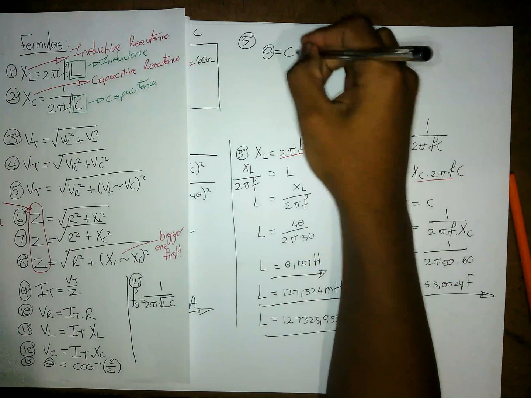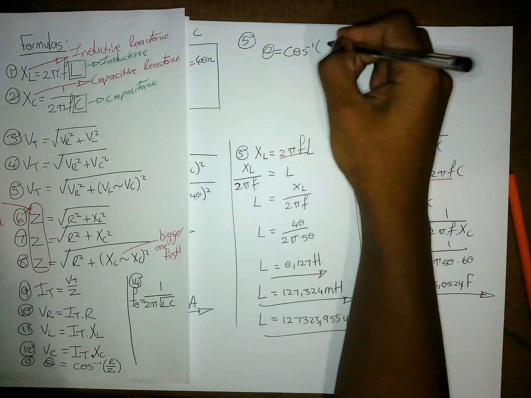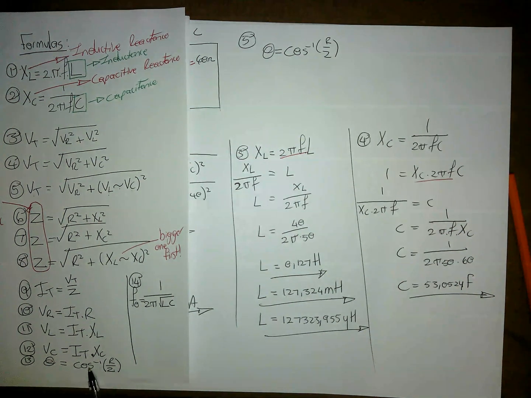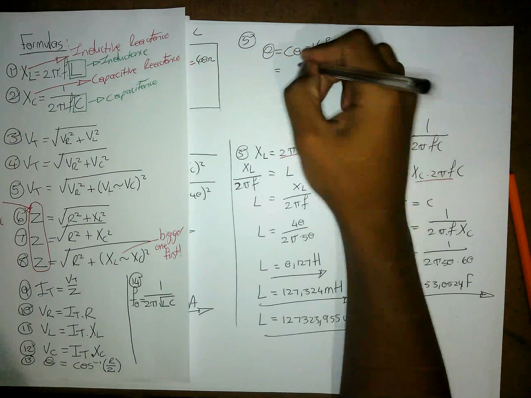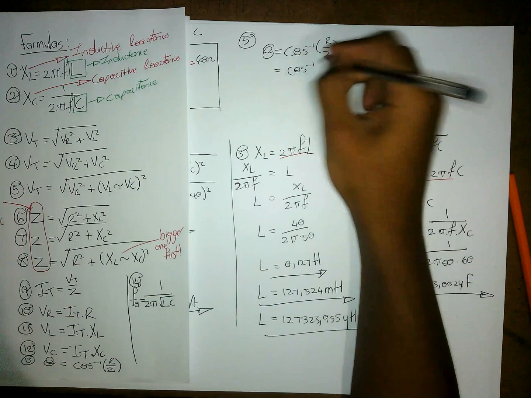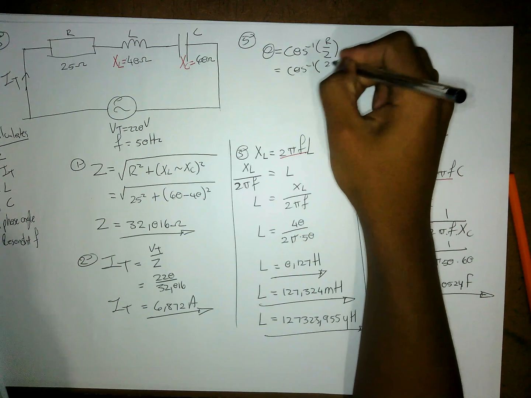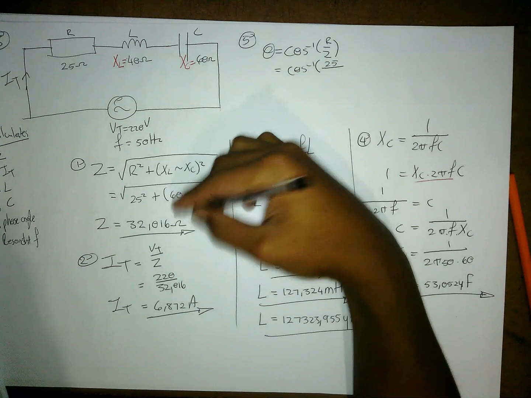Okay, so cos second function, cos R over Z. This is coming from my formula sheet number 13. So I substitute now: my R value is 25, my Z is 32.016.